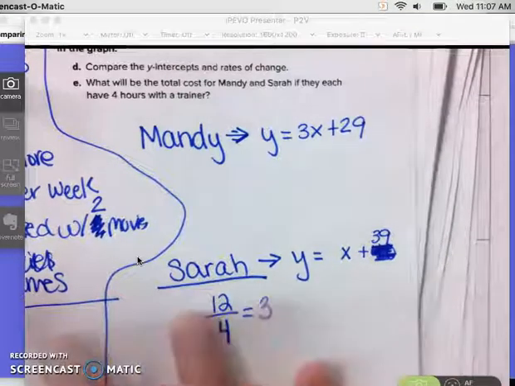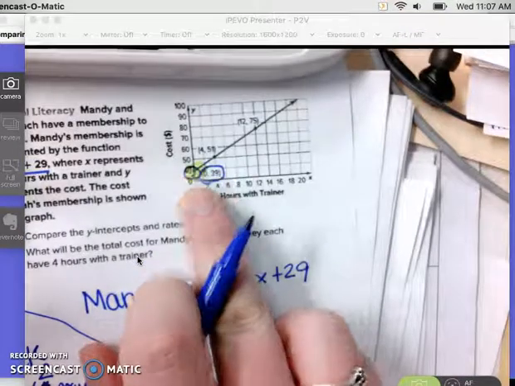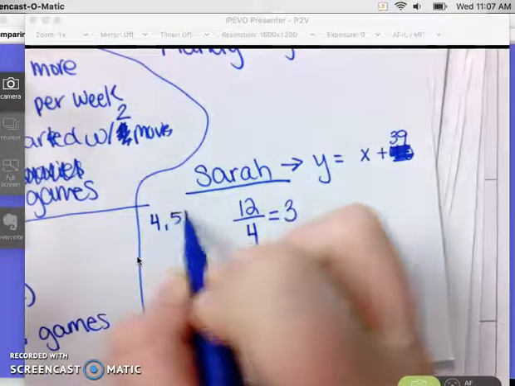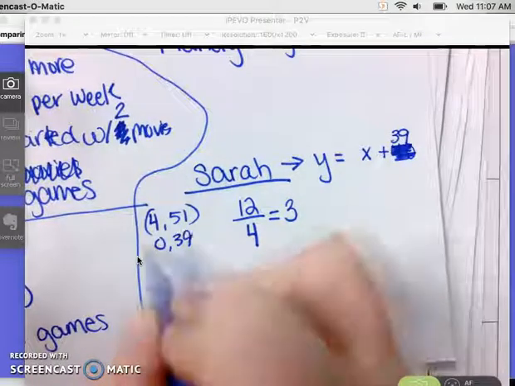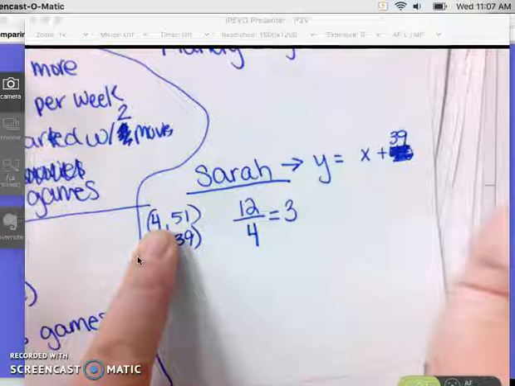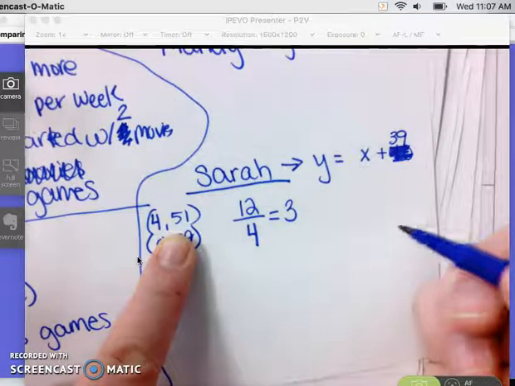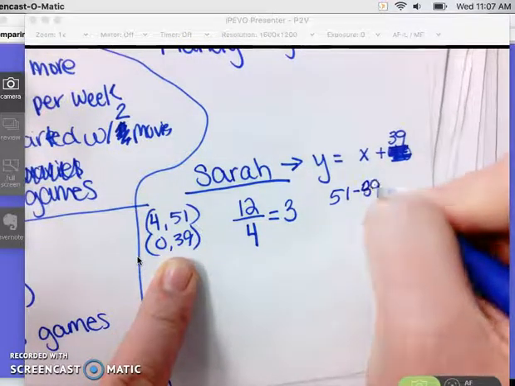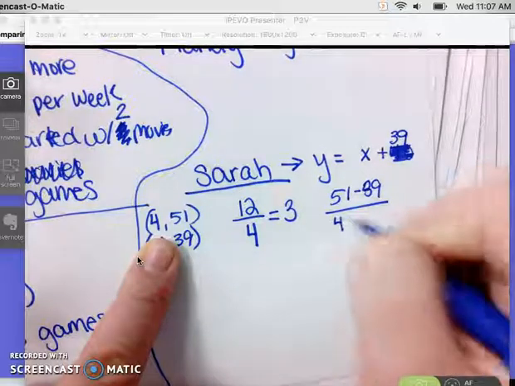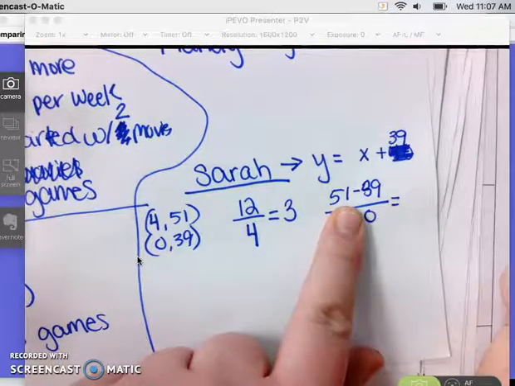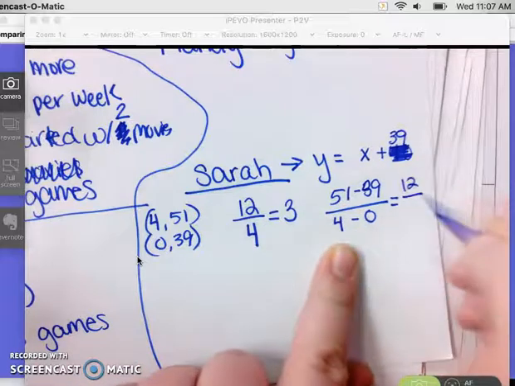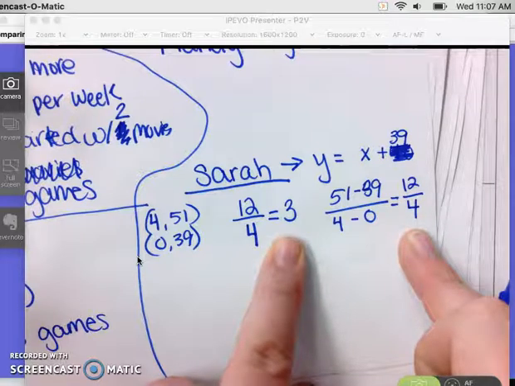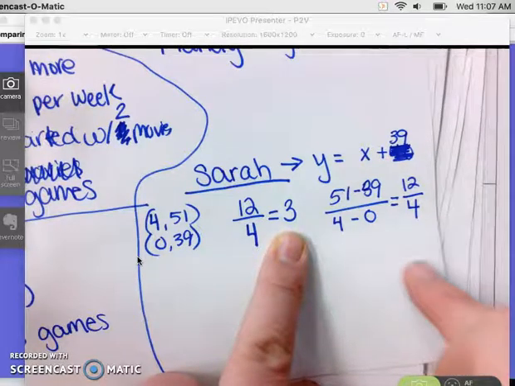Okay, I can also show, I have these 2 points here, 4, 51 and 0, 39. Remember, the first one is your x, the second one is your y. So I can do y minus y, which is 51 minus 39, and then 4 minus 0. 51 minus 39 is 12. 4 minus 0 is 4. I got it the same way. 12 divided by 4 is 3. 3 is my rate of change.